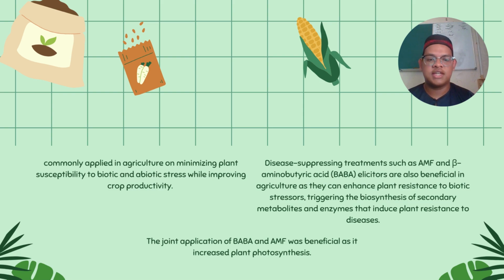Disease-suppressing treatments such as AMF and beta-aminobutyric acid (BABA) elicitors are also beneficial in agriculture as they can enhance plant resistance to biotic stresses, triggering the biosynthesis of secondary metabolites and enzymes that induce plant resistance to diseases.